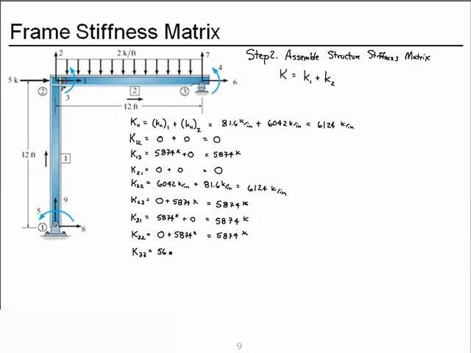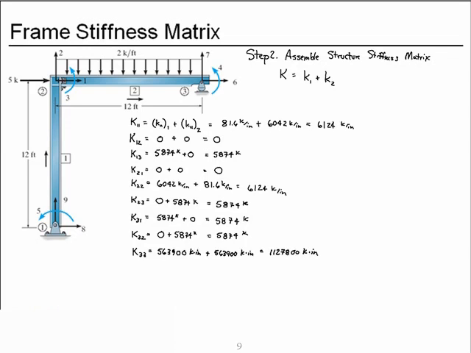So we have 5,639,00 kip inches plus 5,639,00 kip inches again, and together we get the following structure stiffness coefficient. Now all other coefficients come from a single element stiffness matrix, or they are 0.